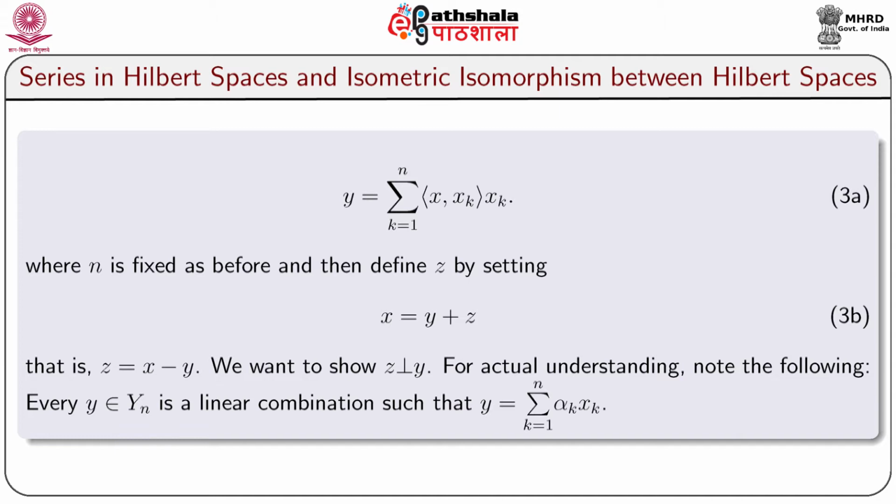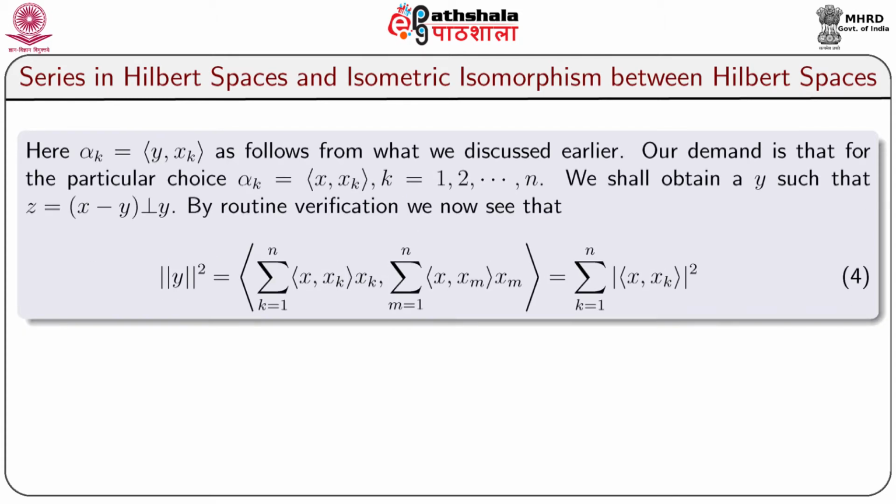For actual understanding, note that every y belonging to Yn is a linear combination, y equal to sigma k equal to 1 to n alpha k xk. Here alpha k equals the inner product of y and xk, as follows from what we discussed earlier. Now we demand that for the particular choice alpha k equal to inner product of x and xk, k equal to 1 up to n, we shall obtain a y such that z equals x minus y, which is perpendicular to y.